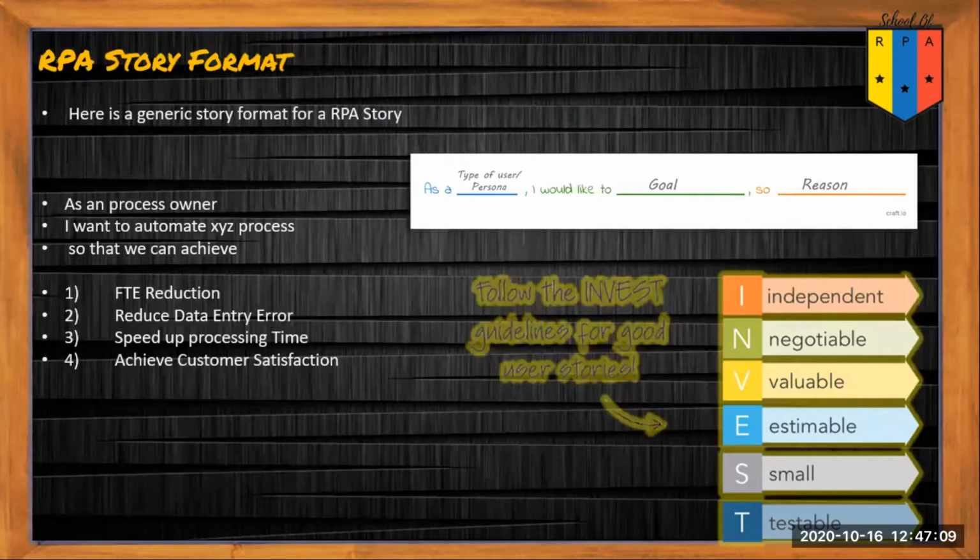Second, I have written a generic story format for you guys, and let's see how that holds up against standards. Now, like I said, since we are not developing any new feature in RPA, we are just automating an as-is process, I thought a better way to write a story is: as a process owner, I want to automate XYZ process so that we can achieve, and we have four things here that RPA automation normally achieves.